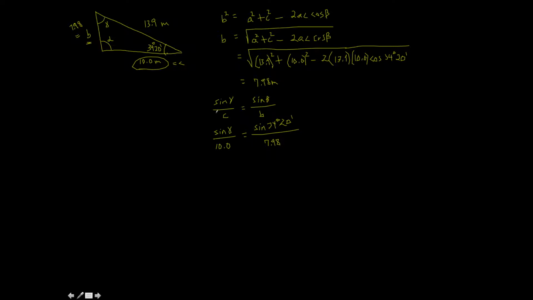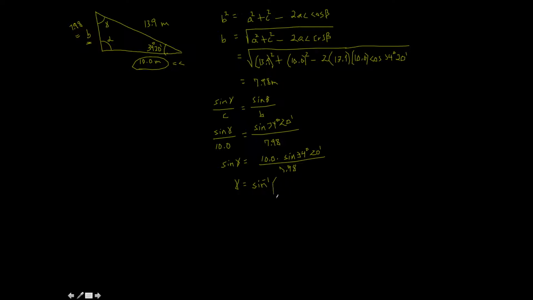Alright, so that's going to give us the sine of gamma equals 10.0 times the sine of 34 degrees, 20 minutes, all over 7.98. Again, you may need to change this back to decimal degrees if your calculator will not do this. Now, how do we find angle gamma? We do the inverse sine, remember.